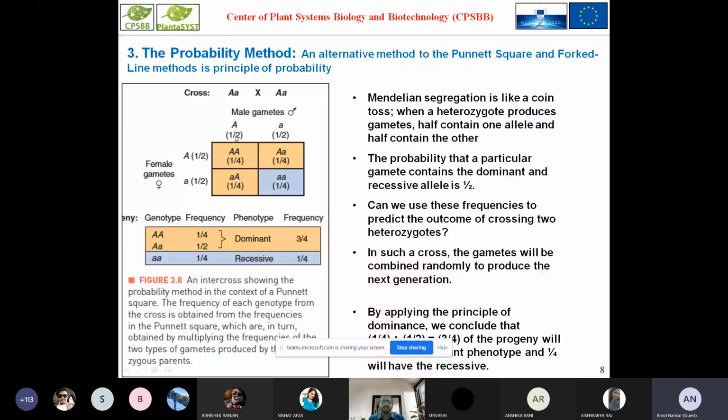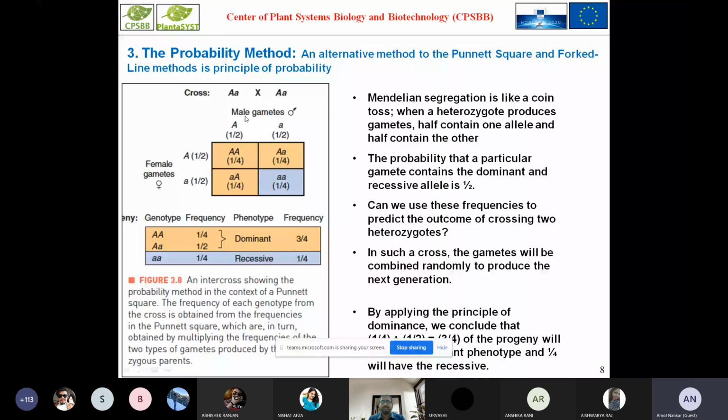You have the male gametes on the right side and the female gametes on the left side. What it tells us is that every gamete contributed by either male or female has a probability of one half of carrying the dominant or recessive allele. So if the dominant is one half, the recessive will also be one half.